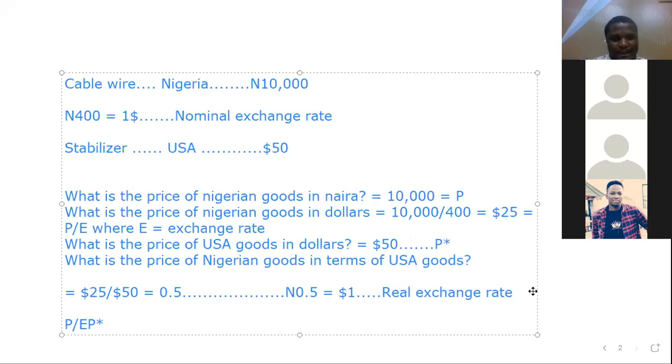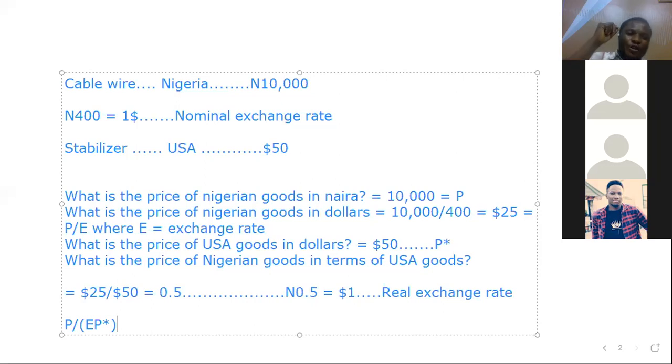So that's equal to P over E, over P star. So you see that for the nominal exchange rate, it is 400 naira to $1. But for the real exchange rate, it is 50 kobo to $1.